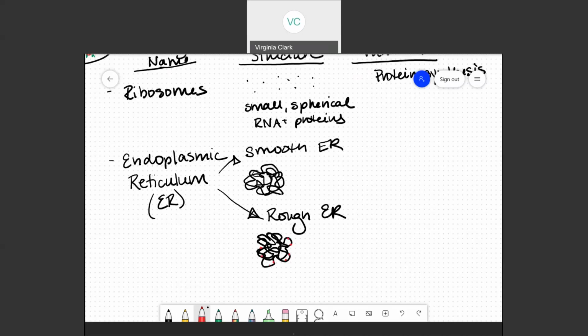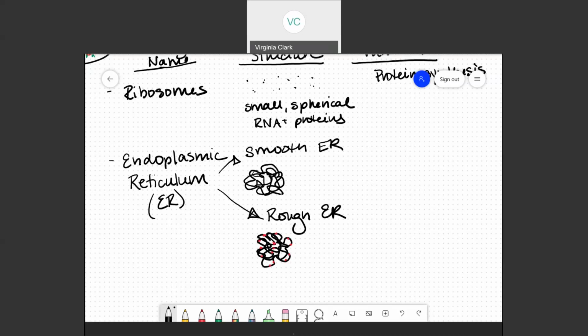The way I like to describe this is if you've ever had Nerds, the candy, the little tiny, round things that you bite into and it's sugary. The candy Nerds are the ribosomes. The endoplasmic reticulum is going to be licorice. It's smooth.